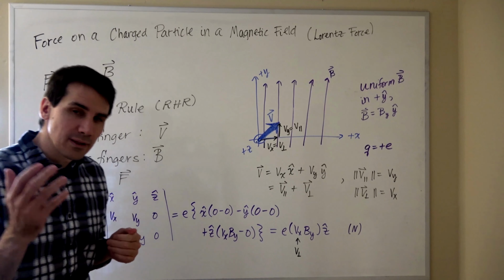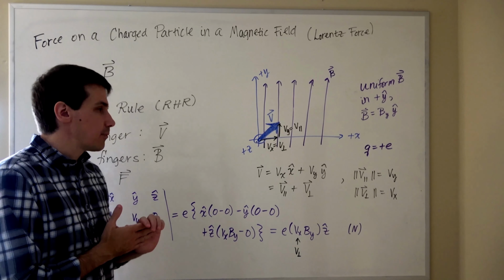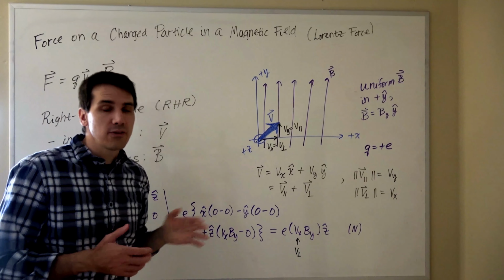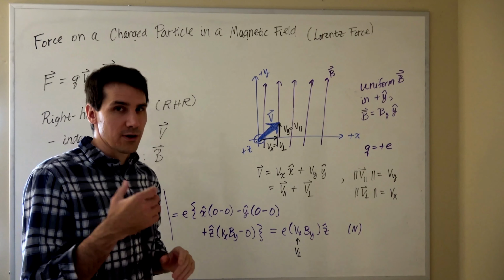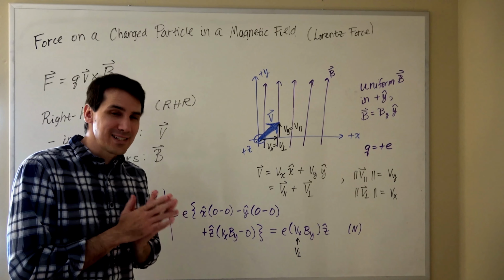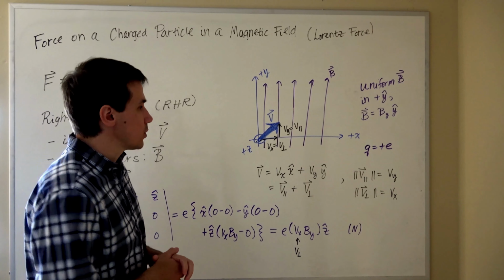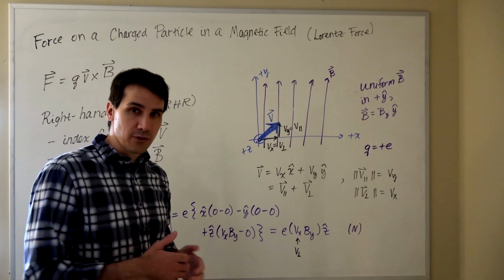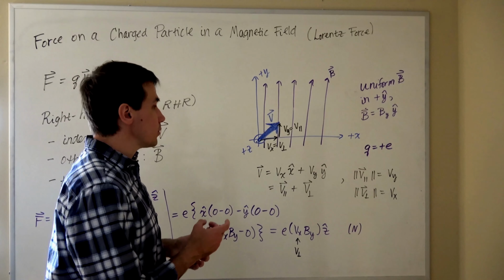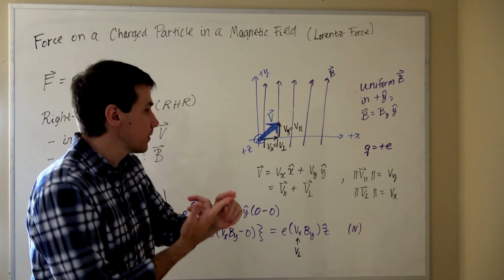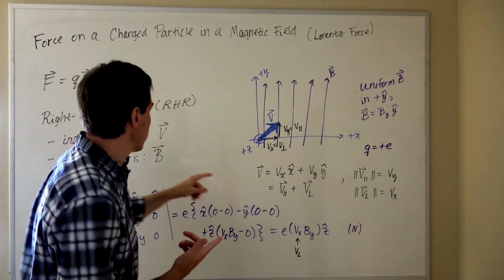So the last thing that I want to talk about with this example is, can we use the right-hand rule here even though our two vectors are not perpendicular to one another? And the answer is definitely yes. The way that we do a right-hand rule for two vectors that are not perfectly perpendicular is we simply still point our index finger in the direction of the first vector, our velocity, right?